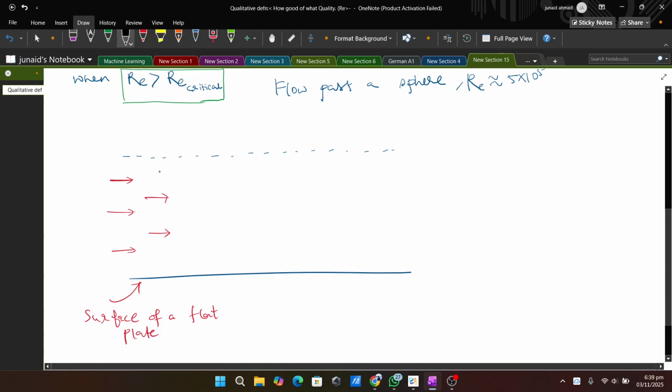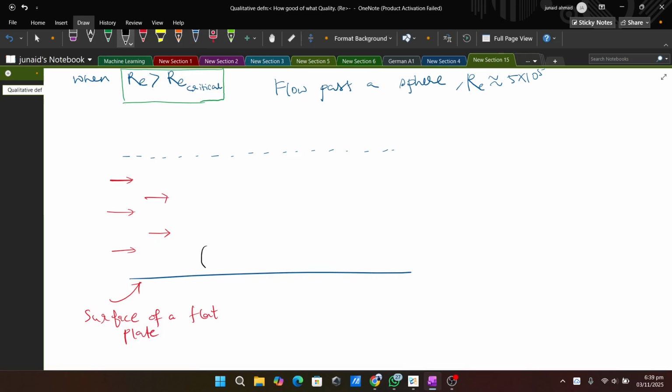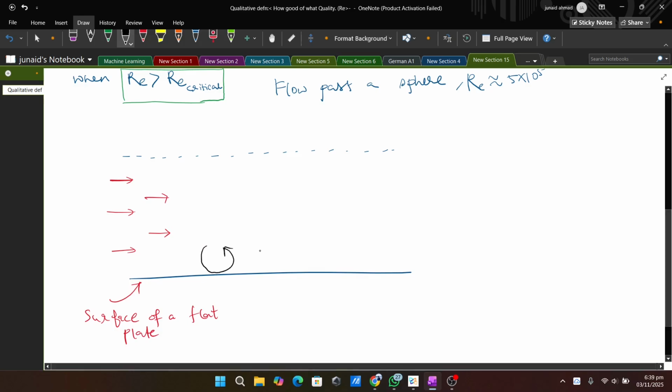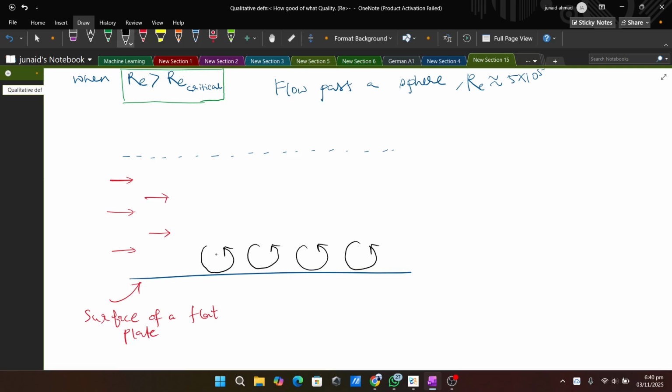These are those eddies. They are going to look something like this. So these circular things have a swirling motion, you can see. I don't know whether I have defined it in a perfect way or not, but we can see those eddies here.